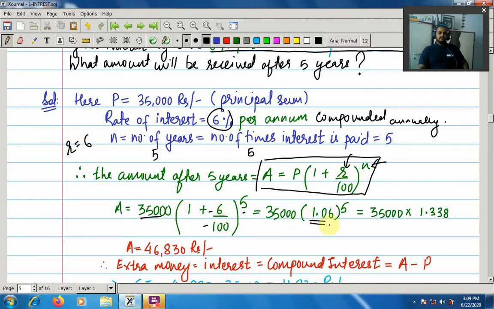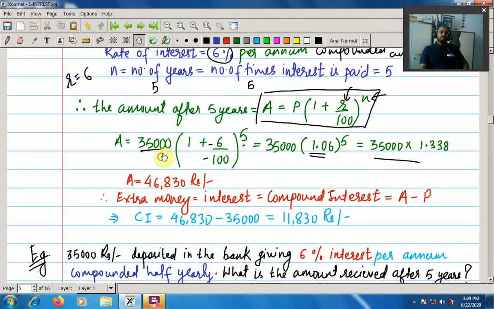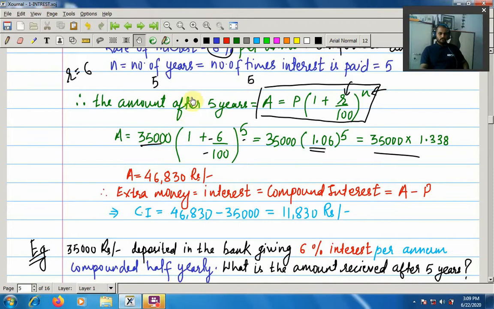It comes to this. Multiply. So after 5 years, my 35,000 rupees has grown to 46,830 rupees. So this much final amount I will get after 5 years.